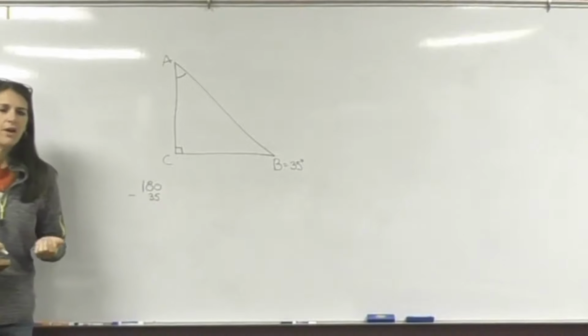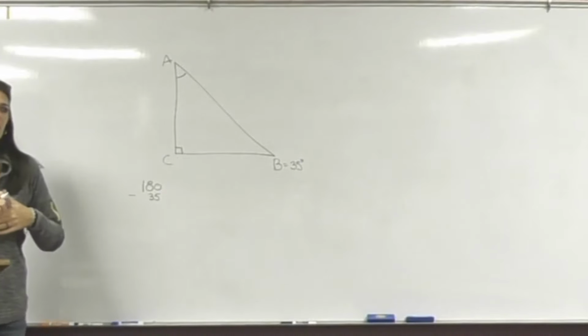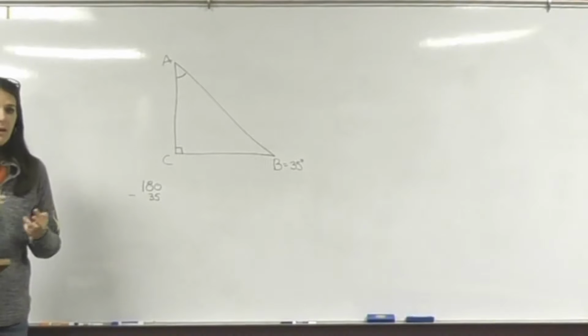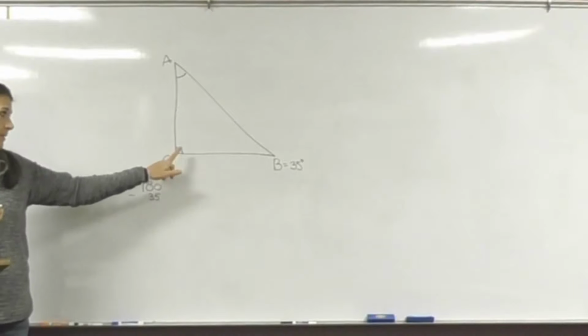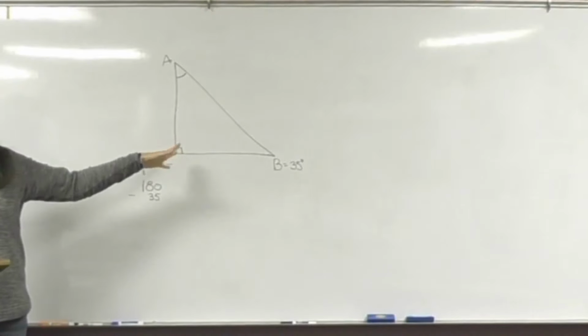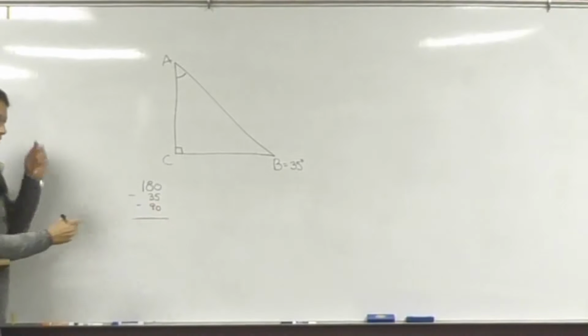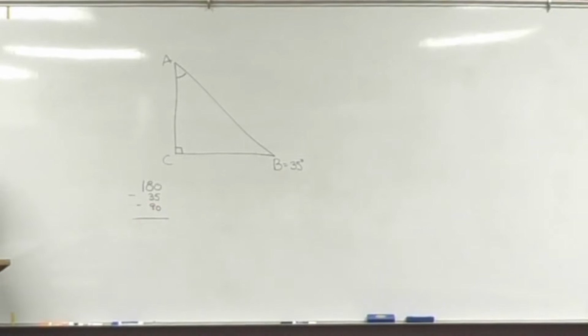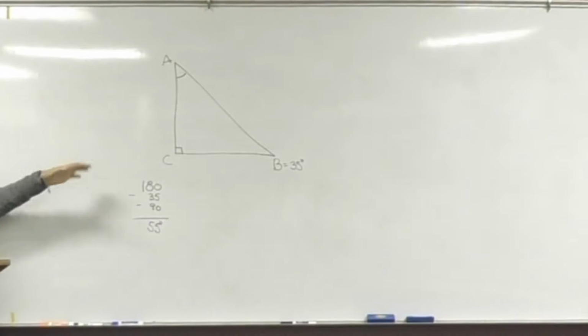But there's also another angle that I know the measurement of, even though I don't see another number. I know that angle C is a right angle because of the symbol, and that is also 90 degrees. So I can take that away from the 180 as well. So I do all that math, and I believe it's 55. So this would be the long way.